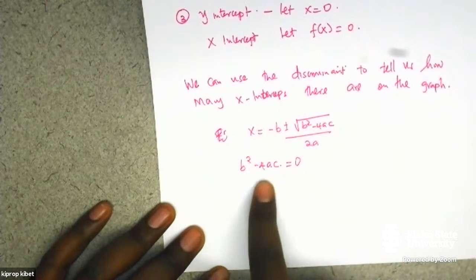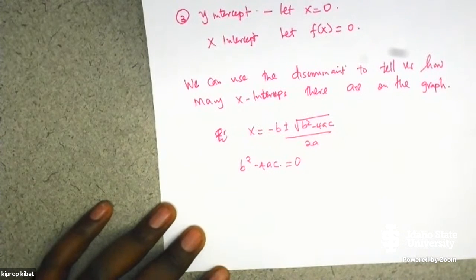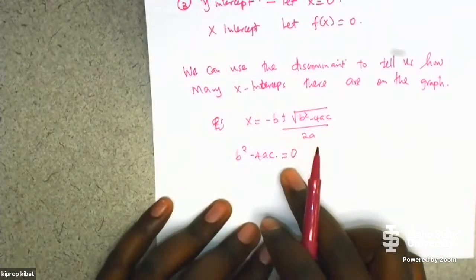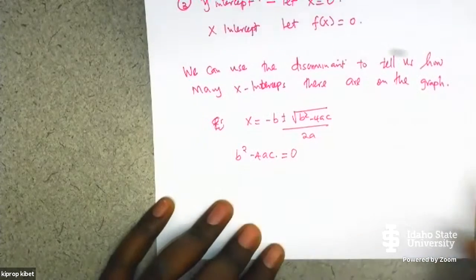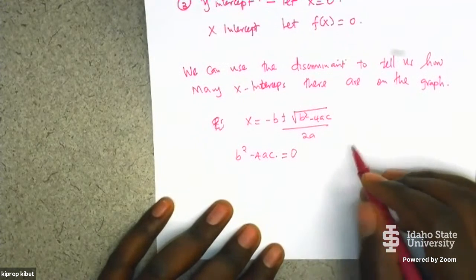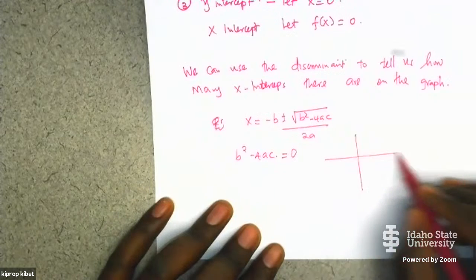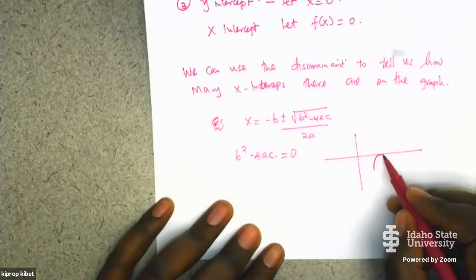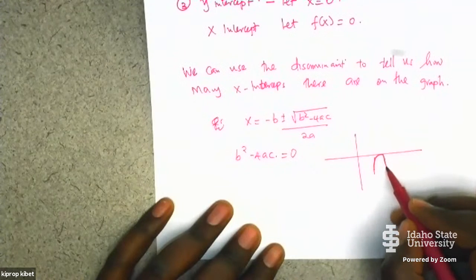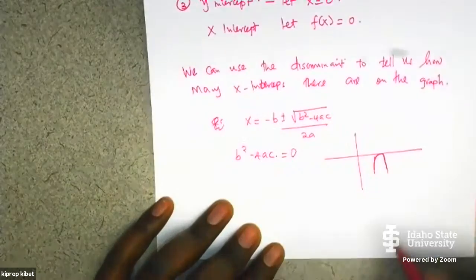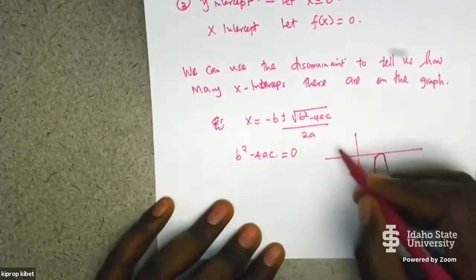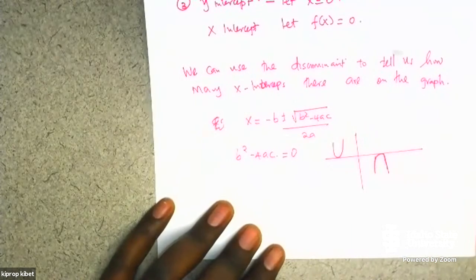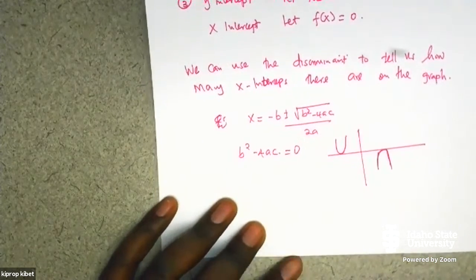So our x is equal to 1. If x is equal to 1, then the parabola can be of this form. It will just come and touch like that, or if it is facing down, it will just come and touch like that, because the x is only one.